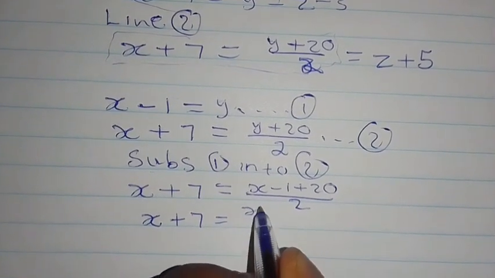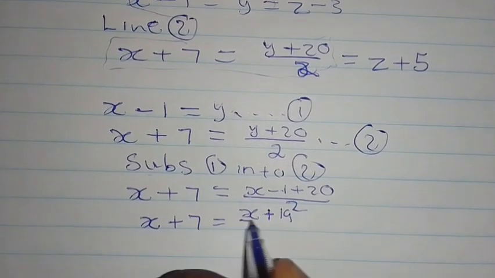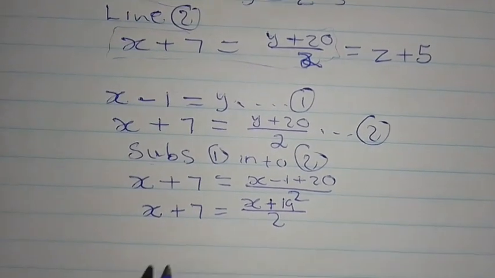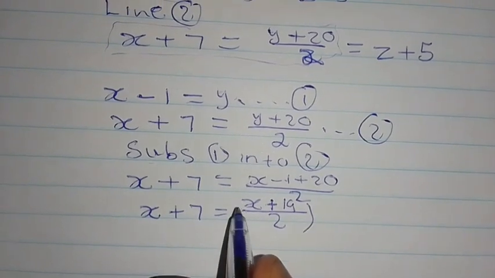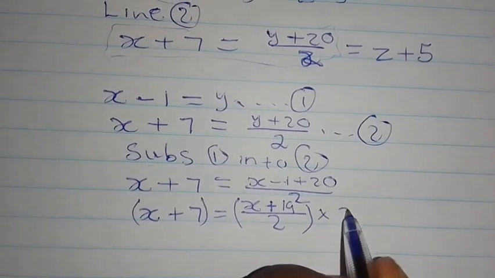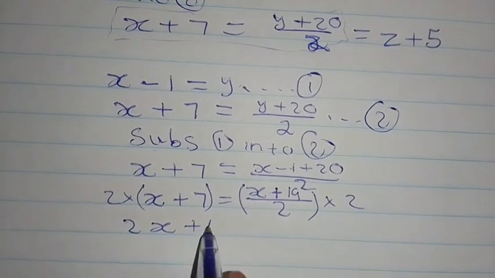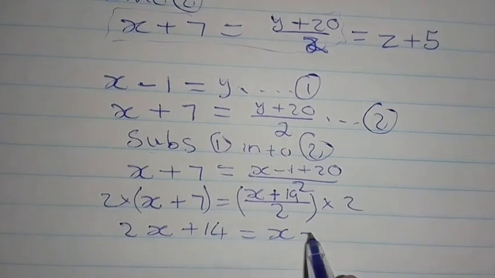Minus 1 plus 20 is going to be positive 19, and then you divide by 2, and we can multiply both sides by 2. When we multiply both sides by 2, we get 2x plus 14. That will be the same as x plus 19.